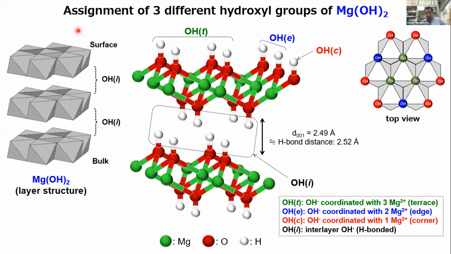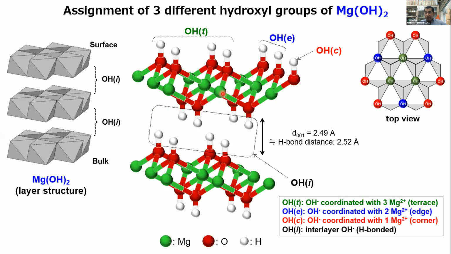Then I will show the structure models of magnesium hydroxide. Magnesium hydroxide has a layer structure like this. And each layer interacts with the others by hydrogen bonding. So interlayer OH groups here can be hydrogen bonded hydroxyl groups.